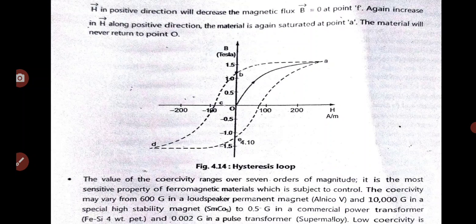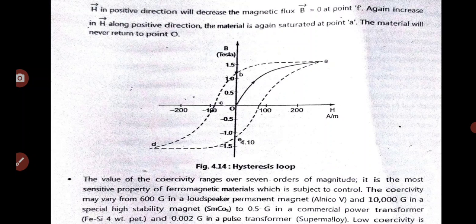And there is some magnetization remaining in the material, which is shown by the point B. This point is referred to as the retentivity and indicates the level of residual magnetization in the material.